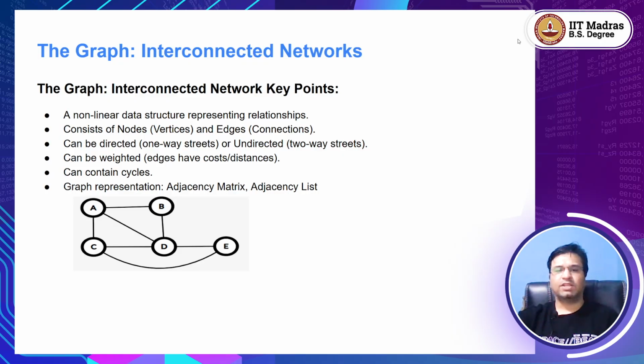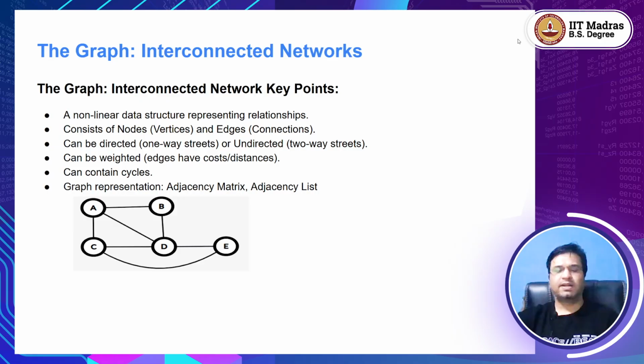If edges have associated values or weights, for example, distance, cost, or time, that type of graph is called a weighted graph. Unlike a tree, a graph can have cycles, meaning you can start at a node, follow edges, and return to the same node. Here is a conceptual representation of a graph.